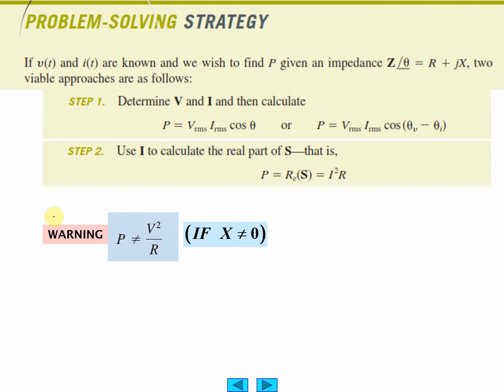Warning. There's the warning right there. That's because impedance equals R plus jX. So 1 over impedance does not equal 1 over R plus some imaginary stuff. It doesn't work that way. This works though.